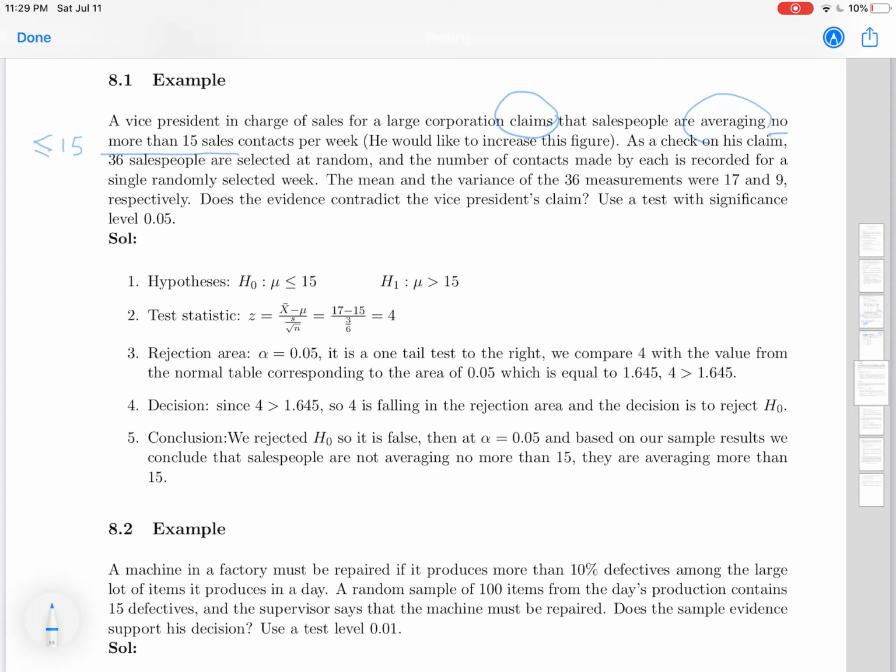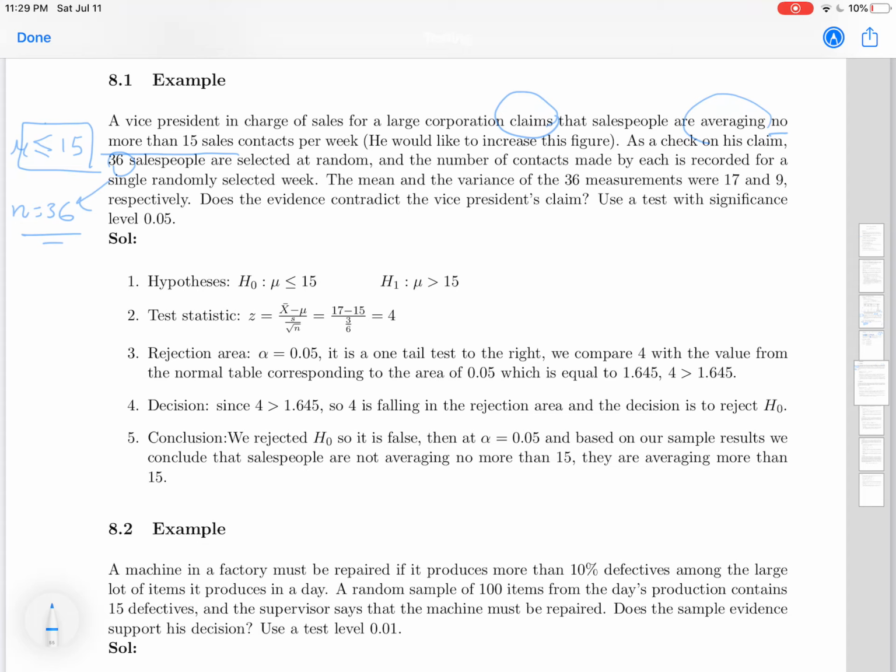A vice president in charge of sales for a large corporation claims that salespeople are averaging no more. So we get the claim from the question: averaging no more than 15 means less than or equal to 15.